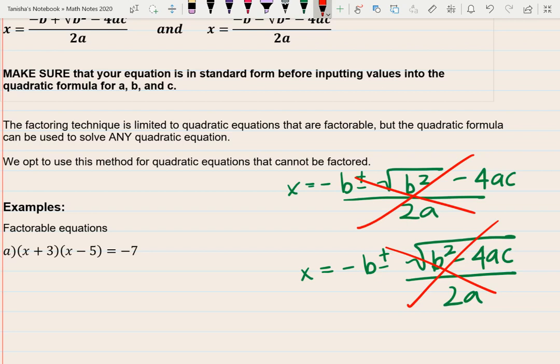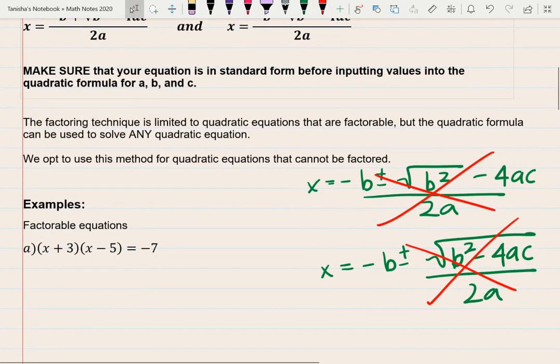When you evaluate this formula after substituting in your a, b, and c values, you need to evaluate the top part first and then divide all of that by 2a, not just part of the top part. So be careful when you are rewriting this formula.